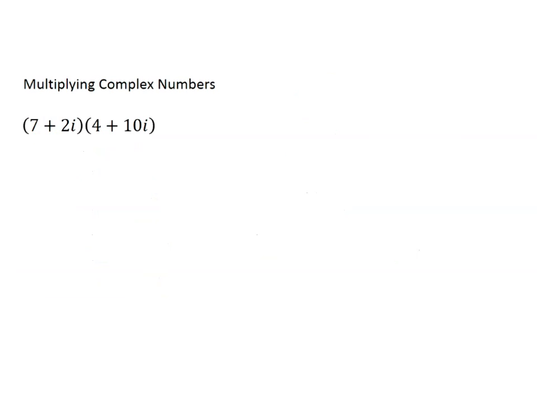All right, so let's do some more multiplying with these imaginary and real numbers, so complex numbers. In order to multiply these, we're going to use the FOIL method. Because, like I said, it's treated the same way we would treat binomials, x plus 2 times x minus 5, something like that. So the FOIL method is first, outer, inner, last. So we're going to do the first terms, and we get 28.